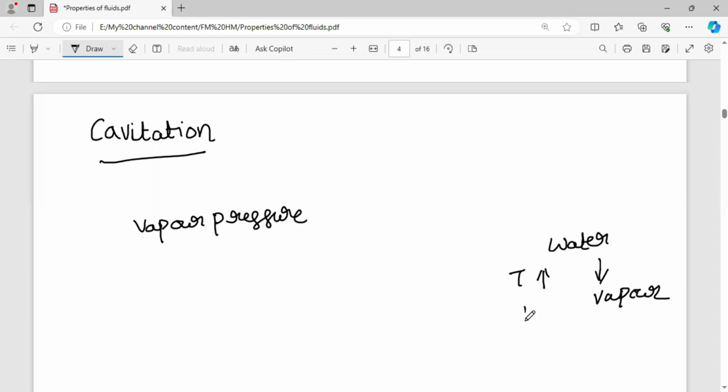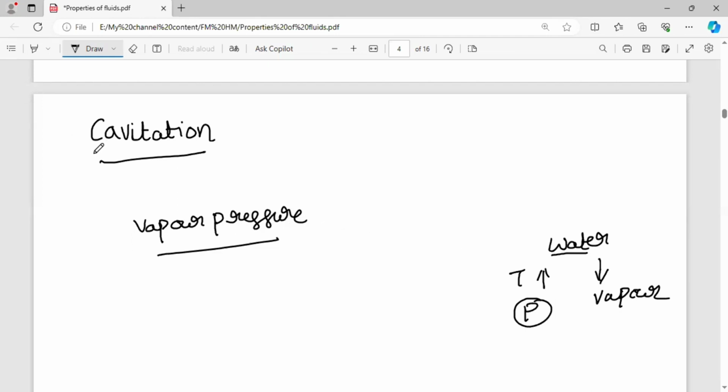The corresponding pressure is called the vapor pressure.